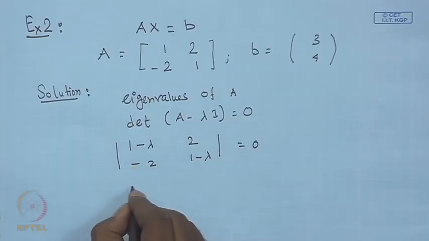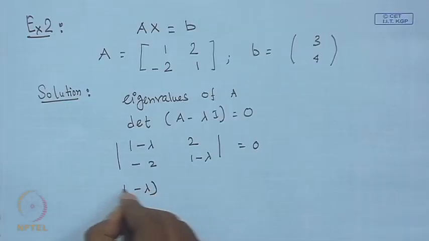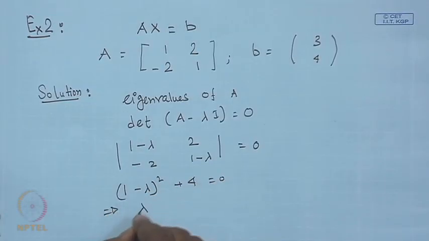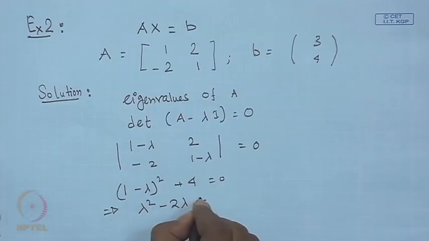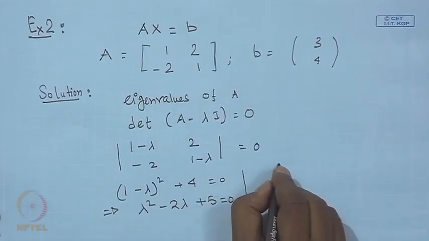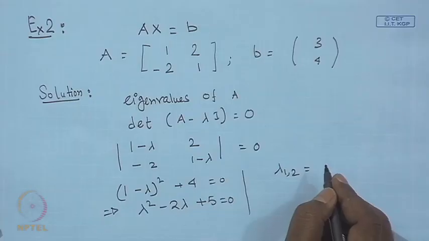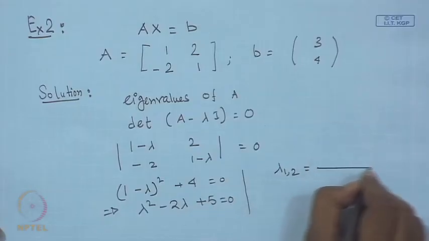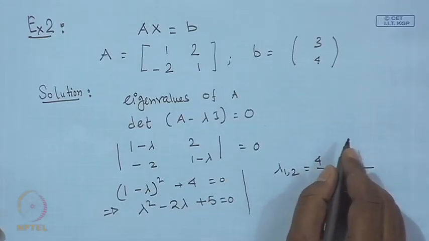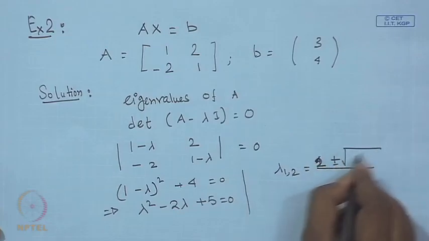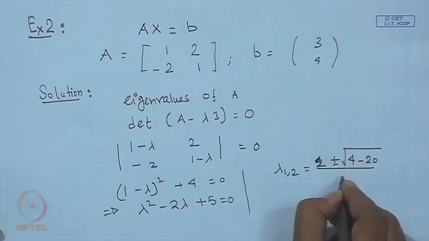Open up this determinant. If you open up this determinant, this becomes 1 minus lambda square plus 4 is equal to 0. So, you will be getting lambda square minus 2 lambda plus 5 is equal to 0. It is a quadratic, and the two solutions correspond to the two eigenvalues. So, lambda 1, 2 will be minus b, so it will be plus 2 plus minus under root b square minus 4 a c, so 4 minus 20, divided by 2.